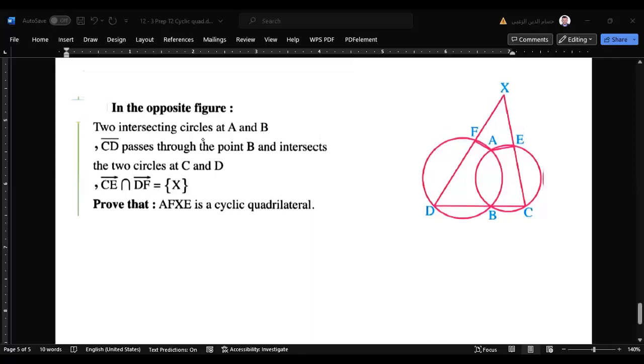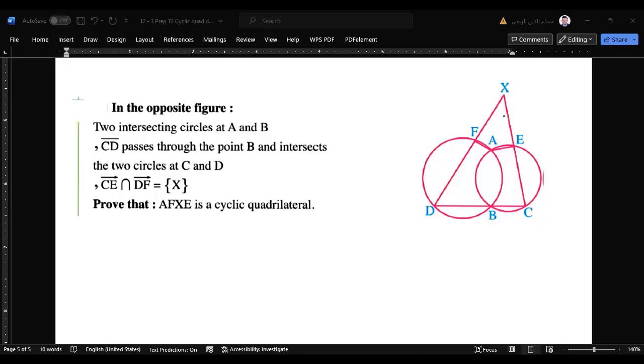Here he says that two circles intersect at A and P, and CD passes through the point P, intersecting the two circles at C and D. CE intersects the DF ray at X. Prove that AFXE is cyclic. We want AFXE to be a cyclic quad.